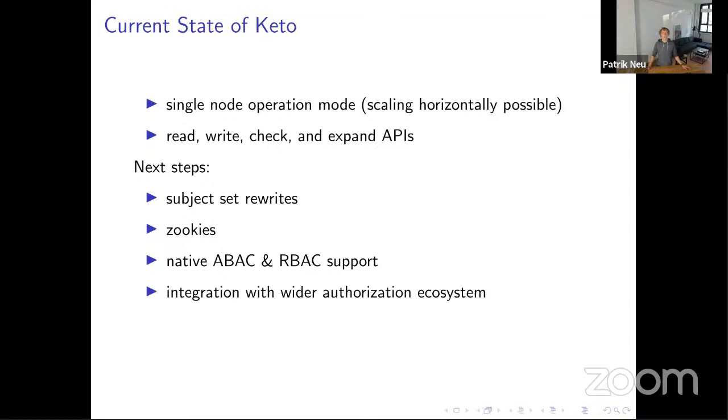That's one of the next big things to work on and think about. Then we want to provide a lot of integrations with the wider authorization ecosystem. This especially includes Open Policy Agent, because as I said before, it is very nice in some applications to have all these expressive rules and this expressive language, but it does not scale as well as we would like.